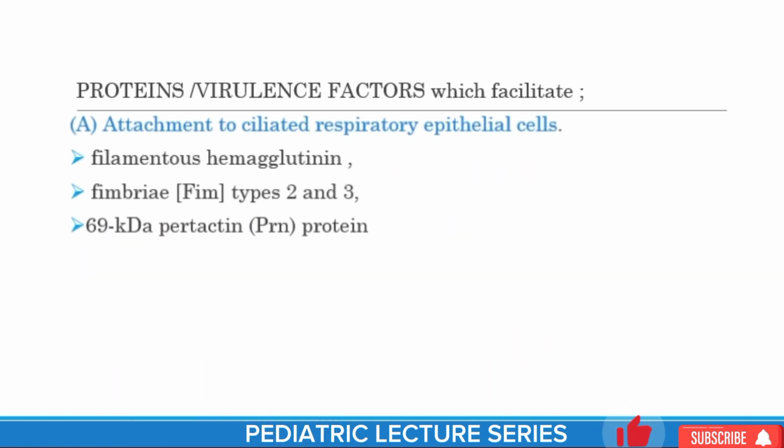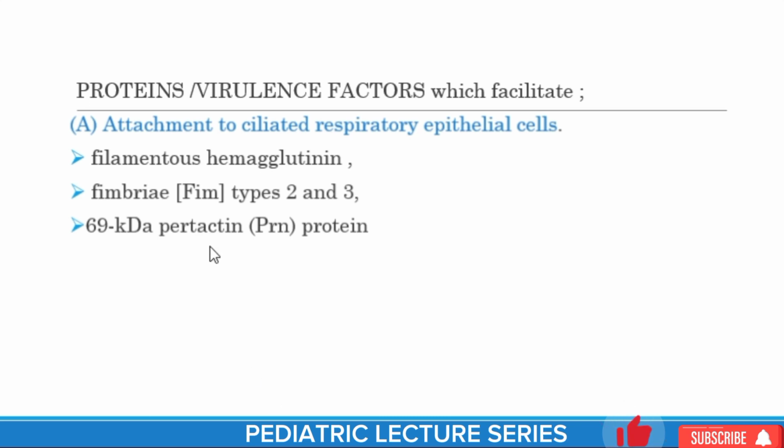The virulence factors now, when this organism enters the body and reaches the respiratory tract, it has different proteins for three specific processes. One, the virulence factors for attachment to the ciliated respiratory epithelium. You have this majorly, we have filamentous hemagglutinin, then you have fimbriae types 2 and 3, and then pertactin.